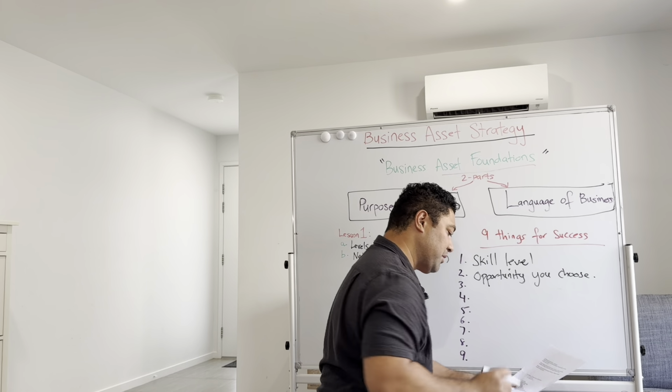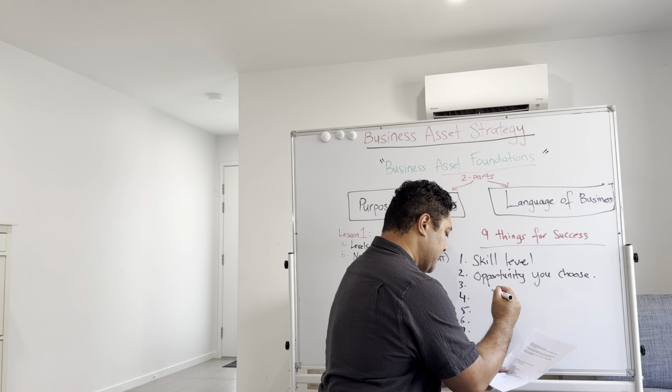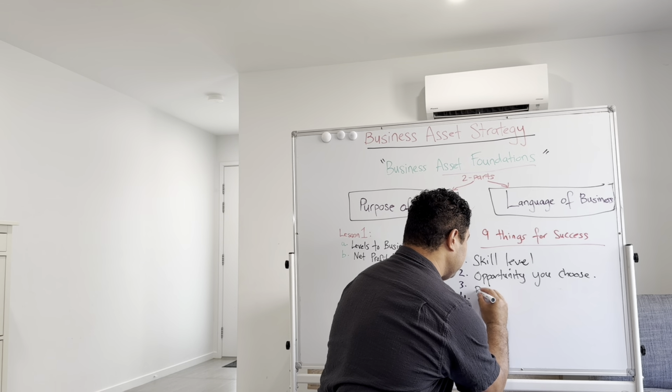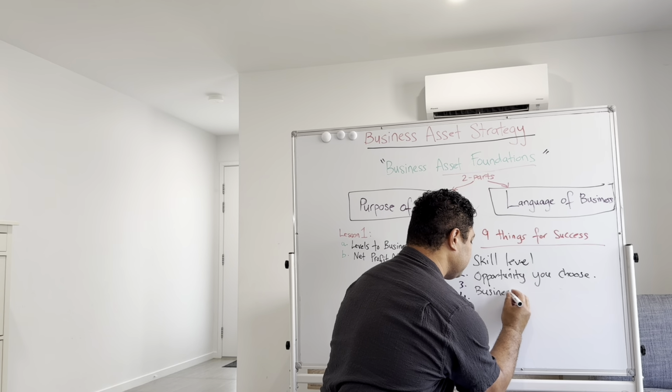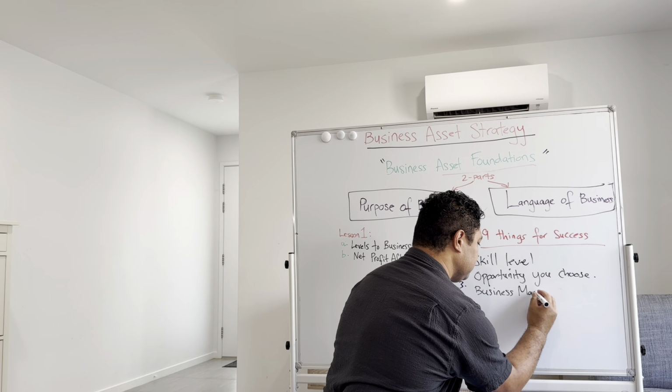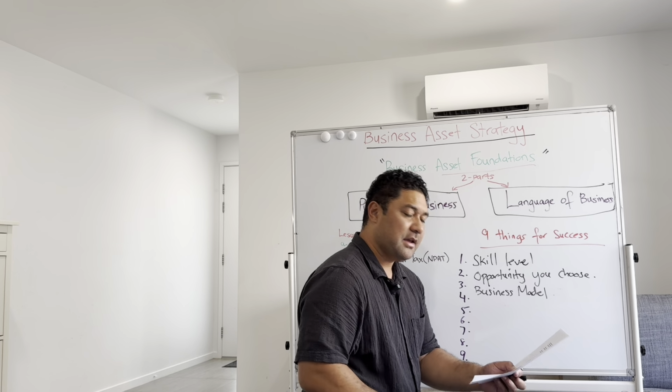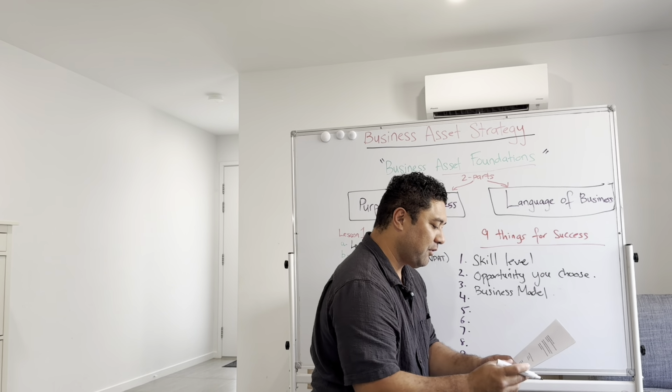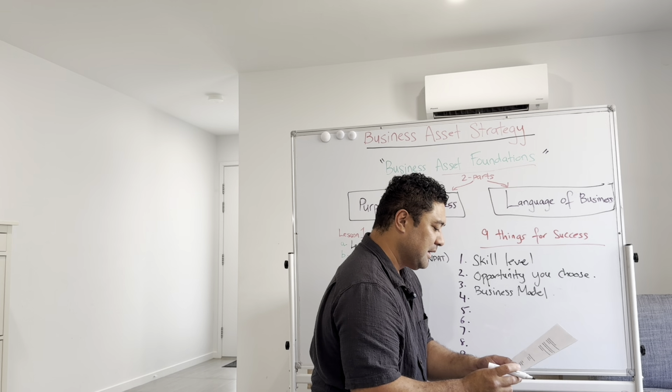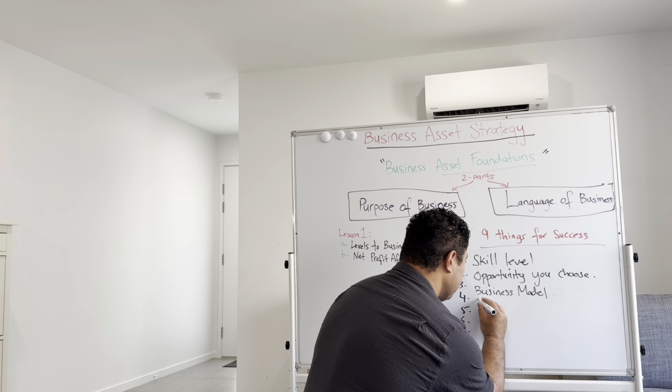Okay, that's super important. The next one here I have is the business model. Okay, super important. We'll go through all of them actually, and then we'll explain. The next one here is your business plan.